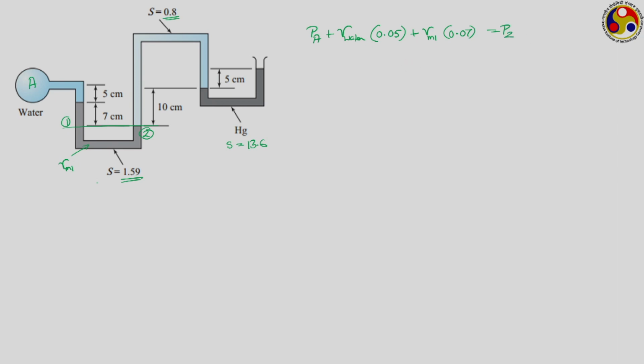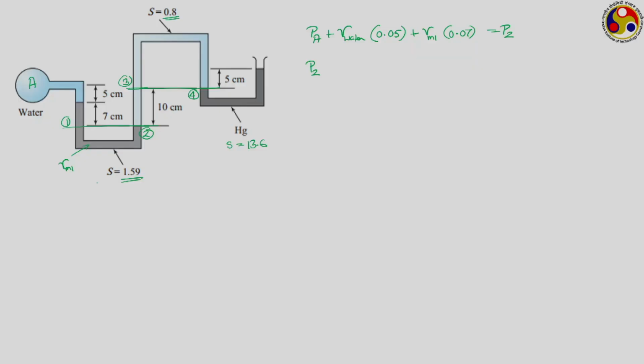And now, if we do another balance along this particular plane, let us say this is our point 3 and this is our point 4. So, between points 3 and 4, what can we write? Pressure at point 3, how much is that? That will be equal to P2, which is the pressure at this particular point. Pressure at P3 will be higher than this or lesser than this?